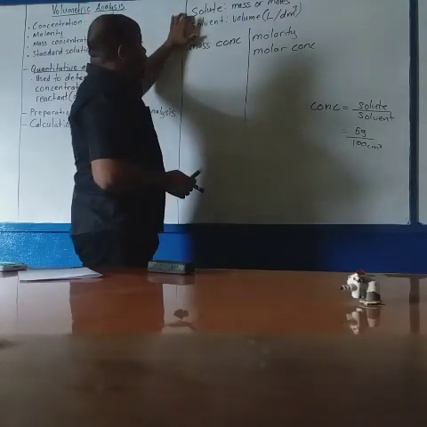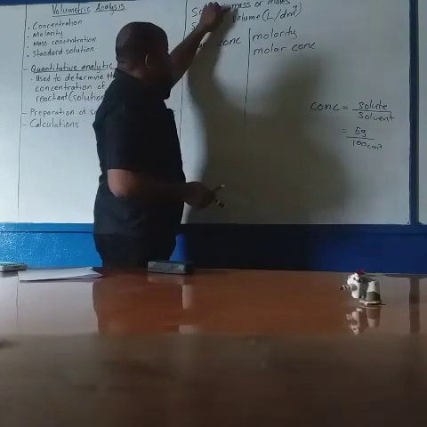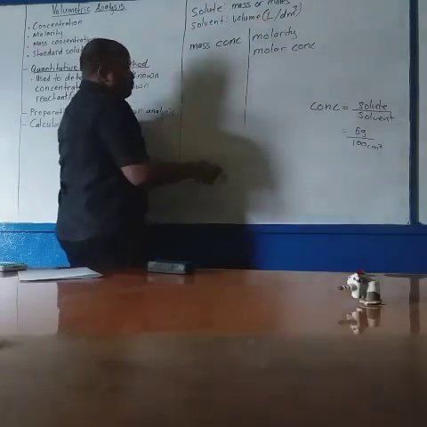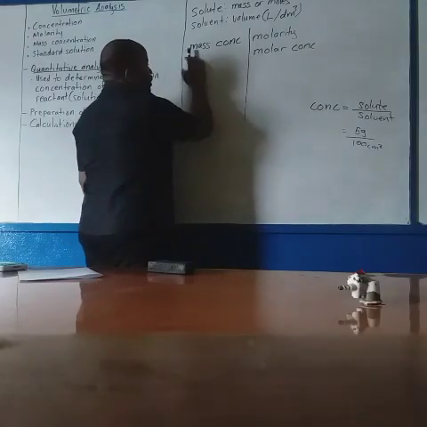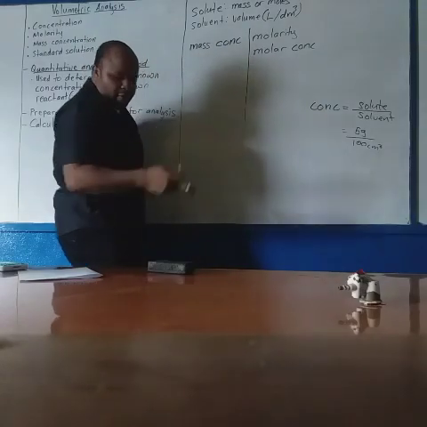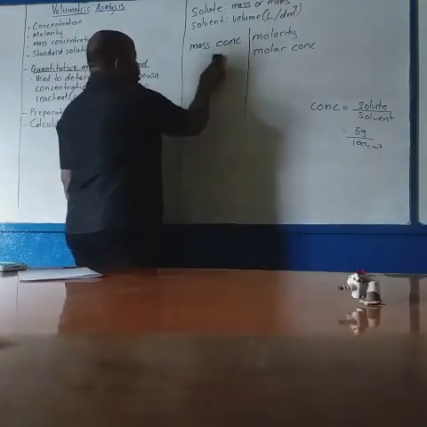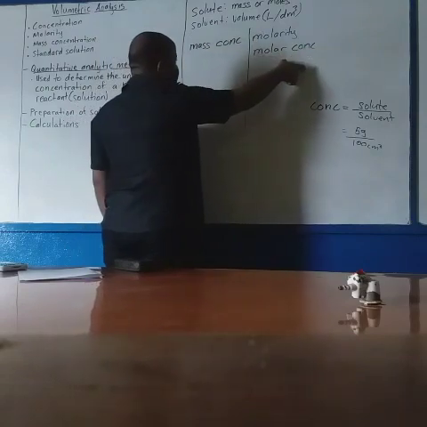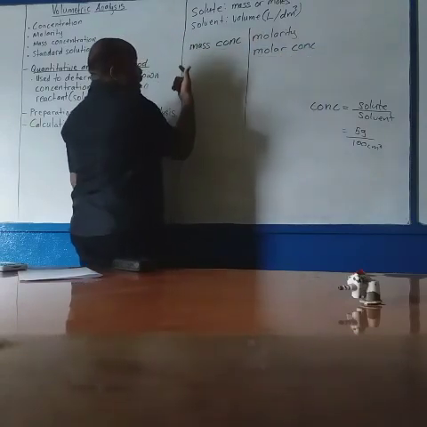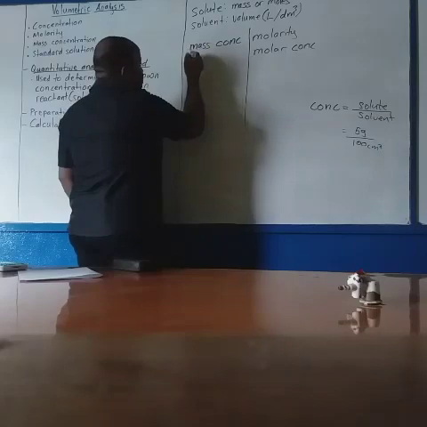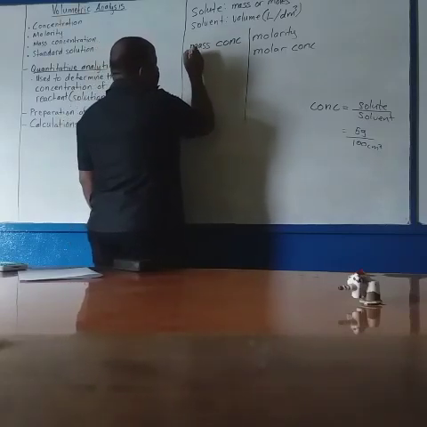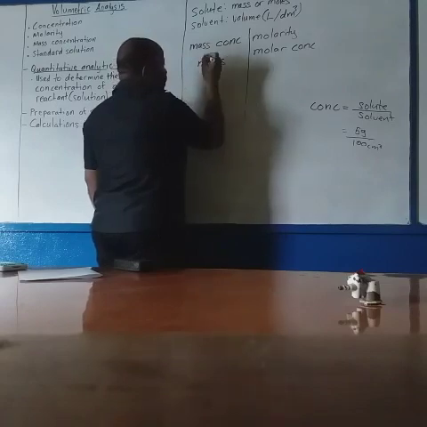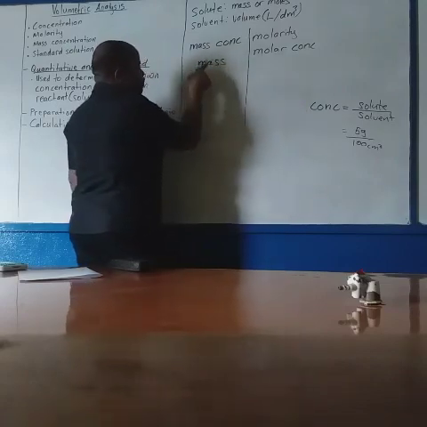So again, our solute can be expressed in two ways, in terms of mass or in terms of moles. If you are expressing it in terms of mass, we are going to find mass concentration. So if you are finding mass concentration, you are not using moles. If you are asked to find molar concentration, you are not going to use the mass. And of course, we will be dividing. So mass concentration means that the solute is in terms of mass.